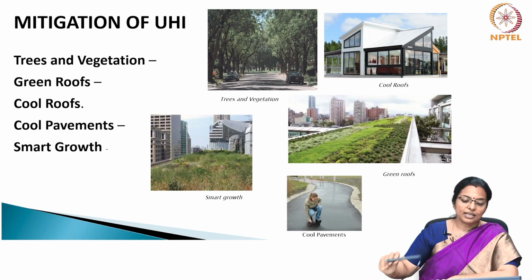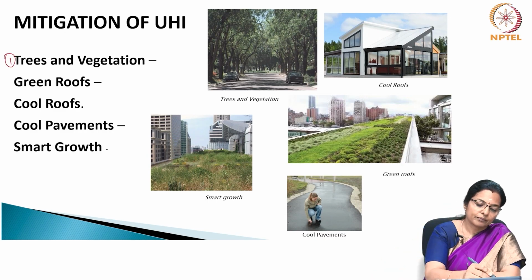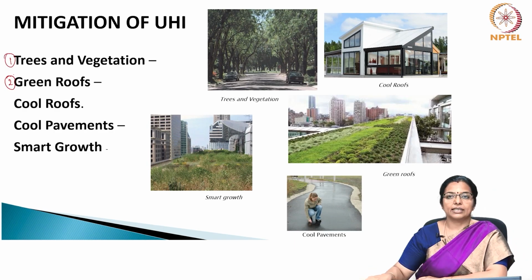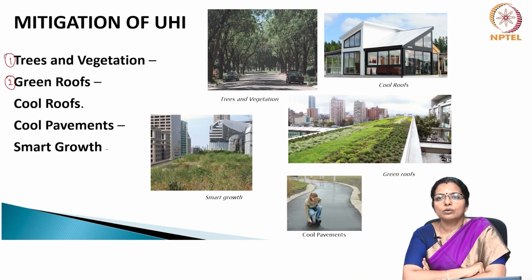Second is green roofs. We will be looking at green roofs in a little detail later. These are sometimes referred to as rooftop gardens or eco roofs, and they have advantages because they provide shade and absorb heat from the atmosphere through evapotranspiration.